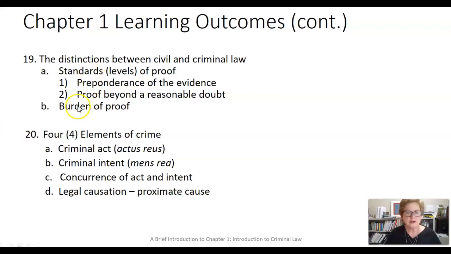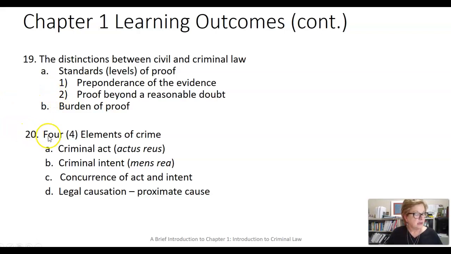We'll talk about burden of proof. Who has to prove it? Does the government have to prove the defendant is sane? Or does the defendant have to prove that he or she is insane to be successful in a defense of insanity, in those states that recognize it, which is 46 out of 50 states.